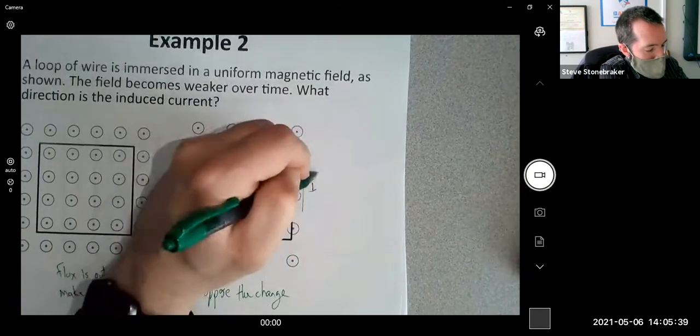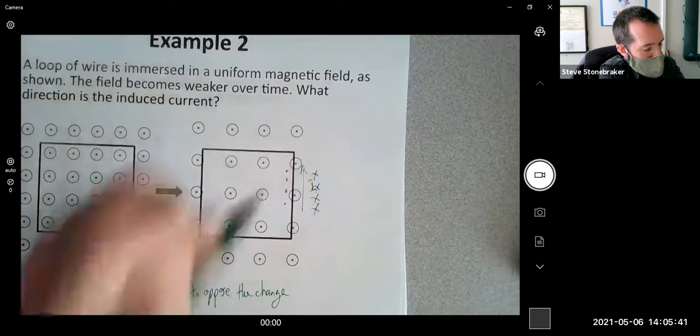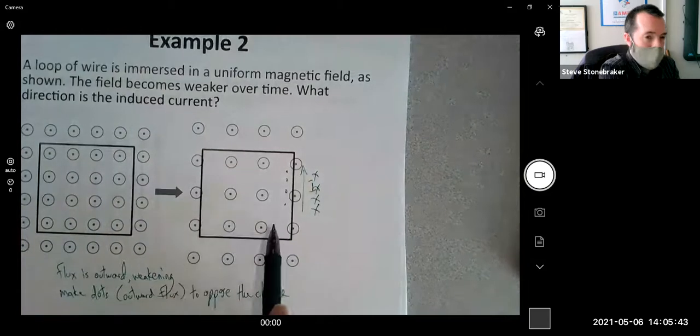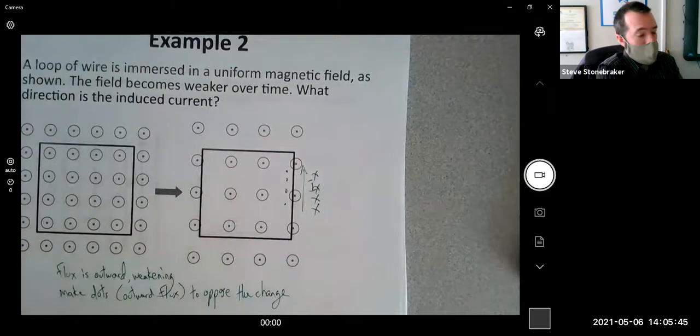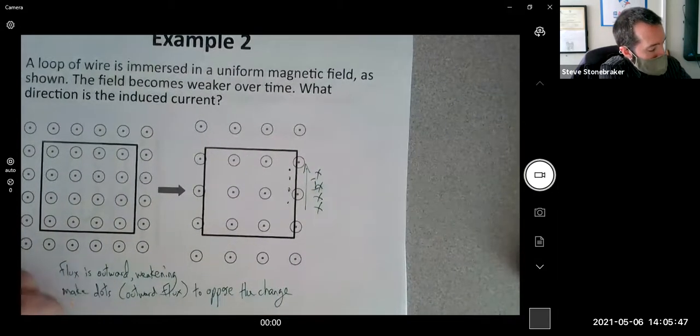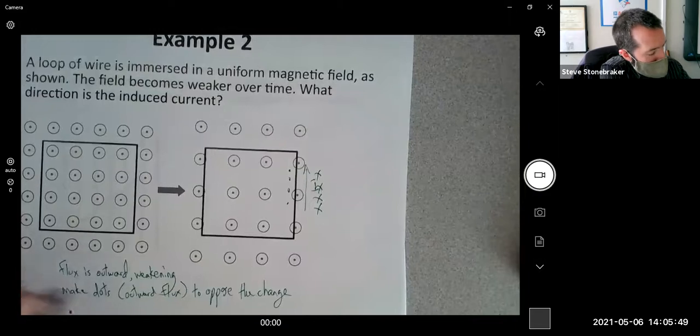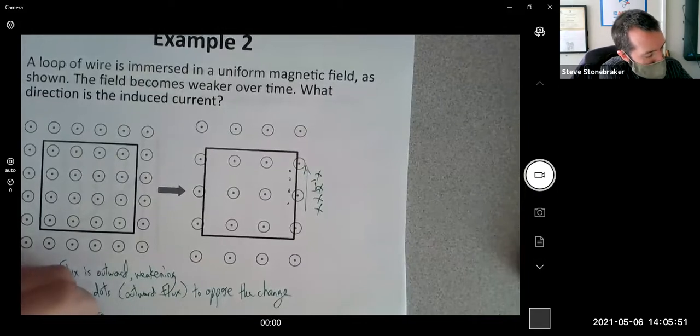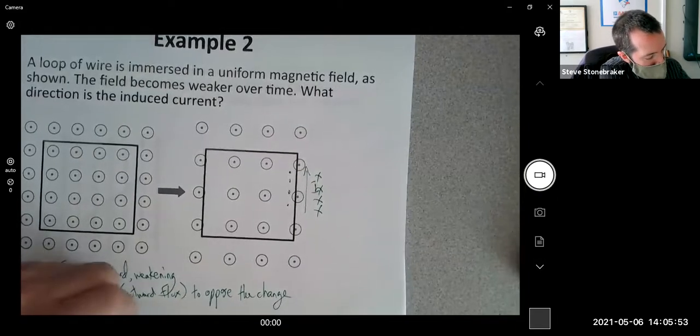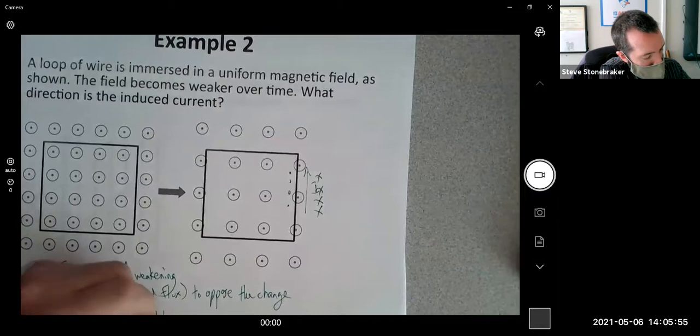Dots over here, X's over here. And that can sort of reinforce the weakening field. Therefore, current is counterclockwise this time.